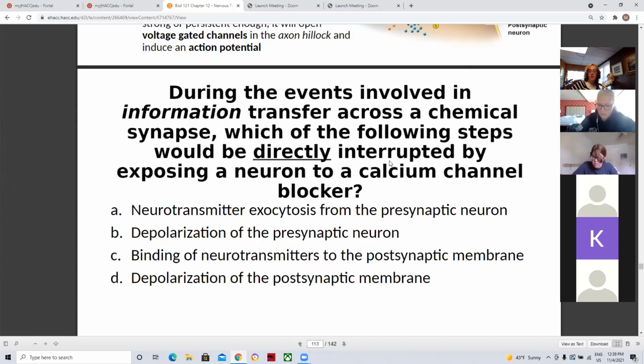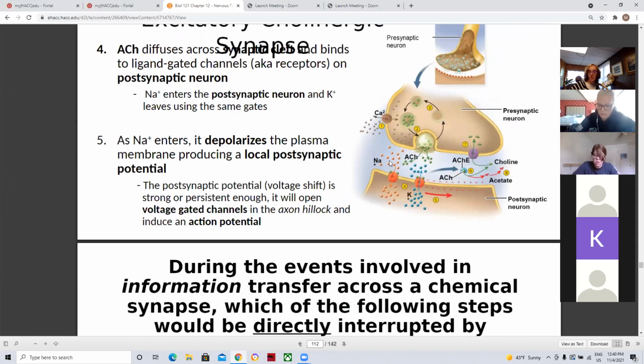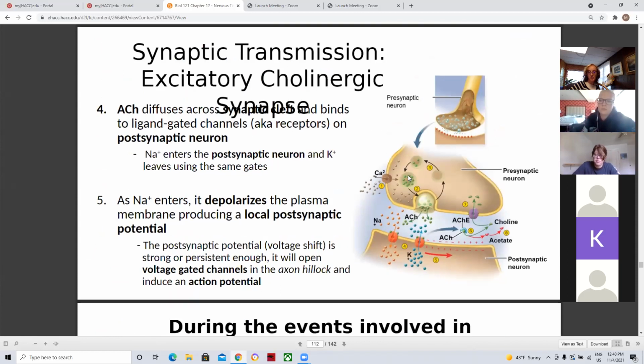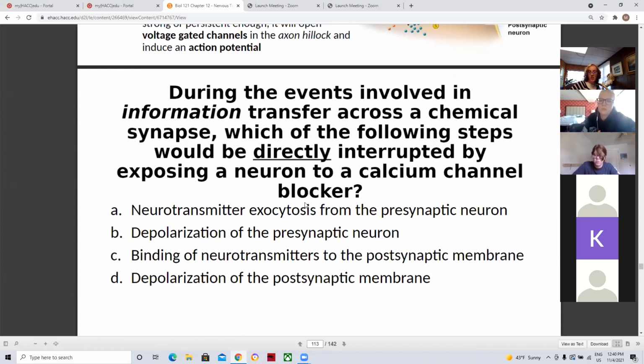Calcium is involved in the exocytosis of the neurotransmitter. It binds to the vesicles containing the neurotransmitter to release the neurotransmitter into the synaptic cleft. So the answer is A. If you block the calcium from coming into the cell, you're going to block exocytosis of the neurotransmitter.